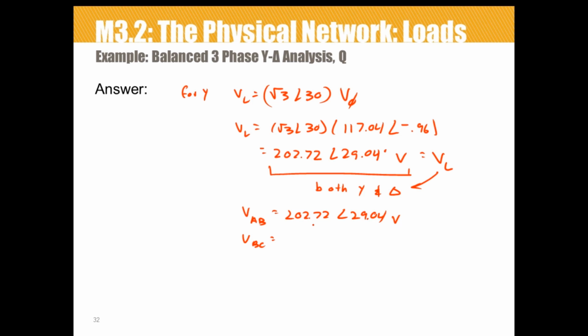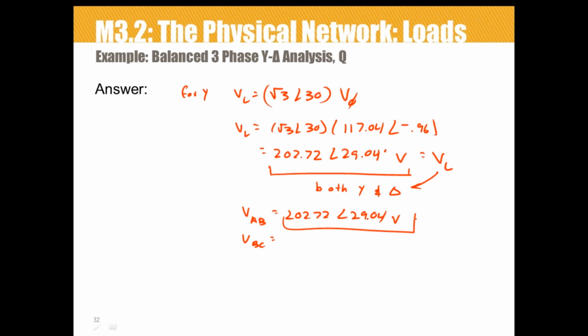And then VAC is that rotated by 240, which is 202.72 angle 322.72 volts. And you guys can calculate that on your own. So now we know the phase and the line voltage for the delta connected loads, just these guys here.